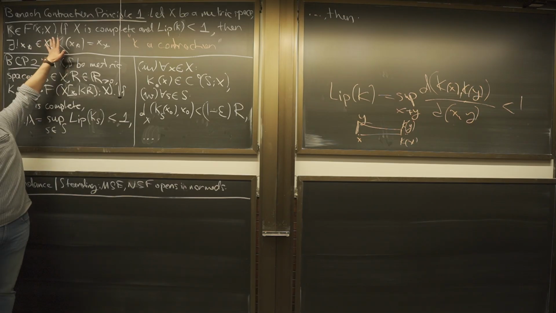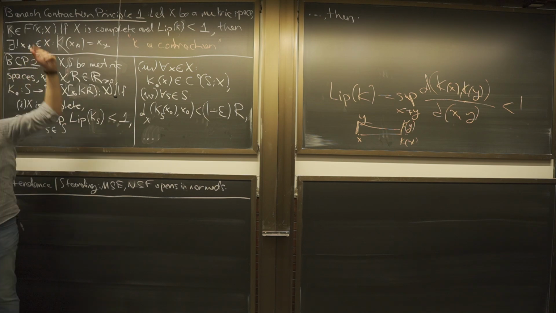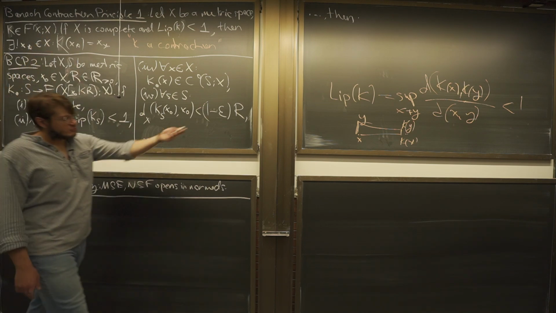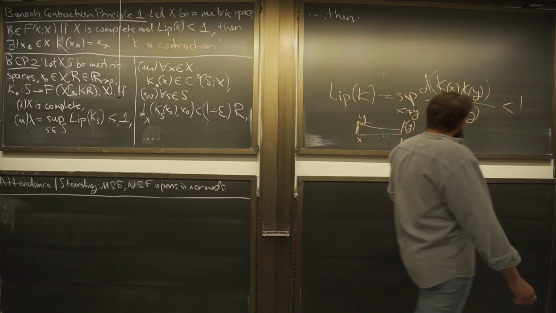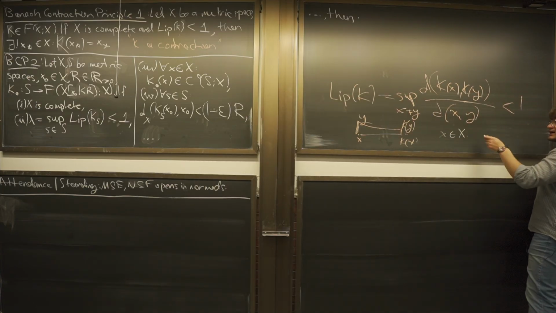The reason why I'm not covering the proof of this is not because it's complicated, okay? And I can even tell you the proof of this, ultimately. The proof of it is like this. You take an initial condition x, define a sequence by saying x0 is x, and xn is K applied to xn minus 1.